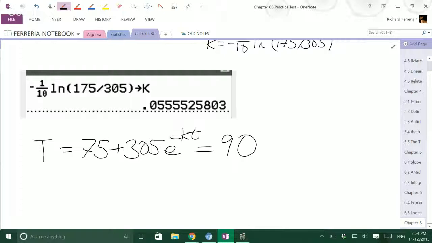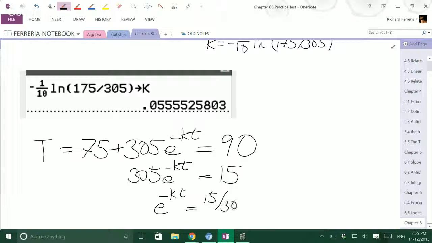So now we're just going to solve for t. Let's see, 90 minus 75 is 15, I think. e to the negative kt equals 15 on 305.